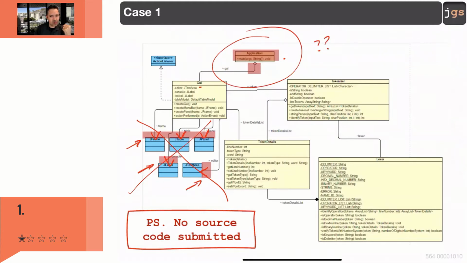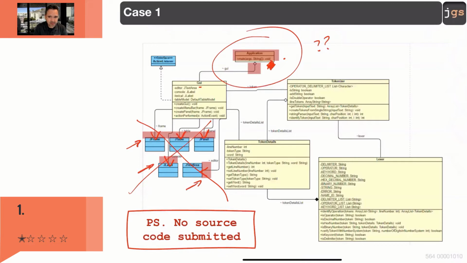Moreover, if you're going to have this extra class, think about it. Should this be black? If that class application does not have the graphical user interface, then what is the reason for that class to exist? What is that class doing, if not hosting the graphical user interface?